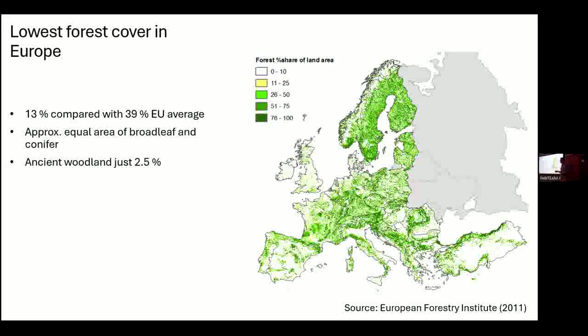About half of our cover is exotic conifer plantations. Only 2.5% of the UK is what we call ancient woodland, which we think has been continuously forest for more than 400 years. Okay? So we're thin on trees.